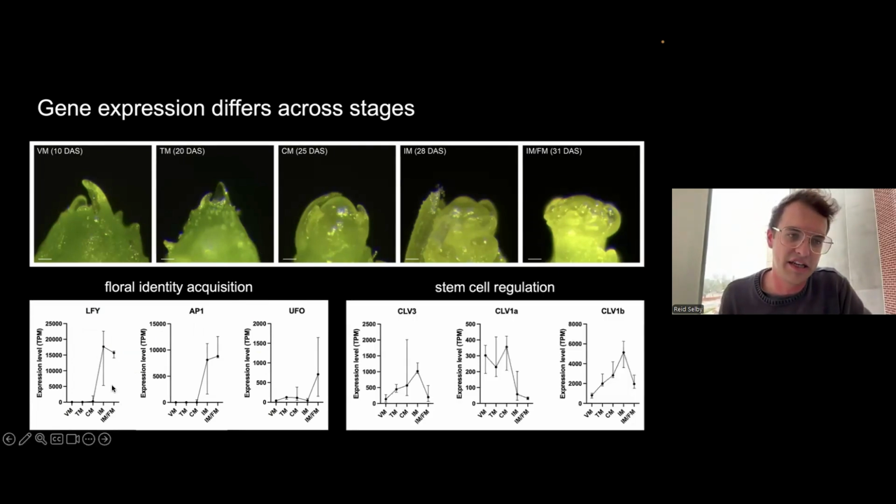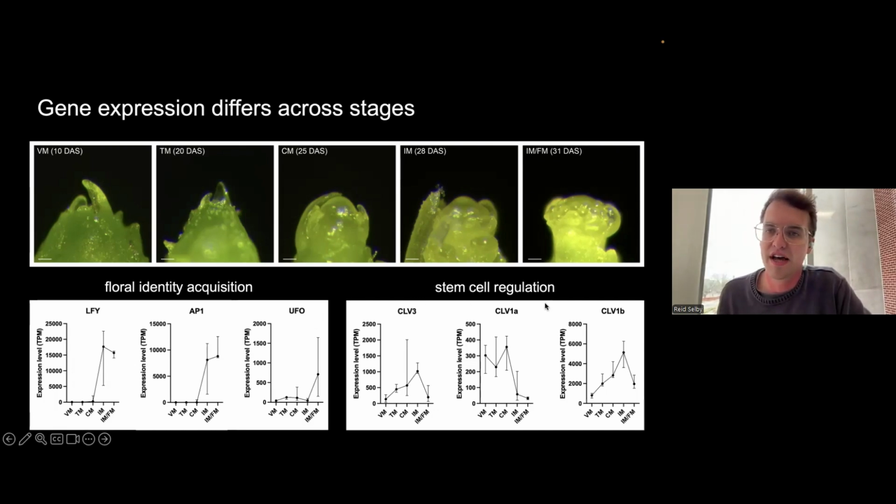And as you can see here, we have expression of LEAFY, this gene I showed earlier, come on earlier than would have been previously expected in the inflorescence meristem here, the capitulum meristem. This is consistent with what other researchers have seen in other families, along with two other genes that function alongside LEAFY coming on in patterns that we would expect.